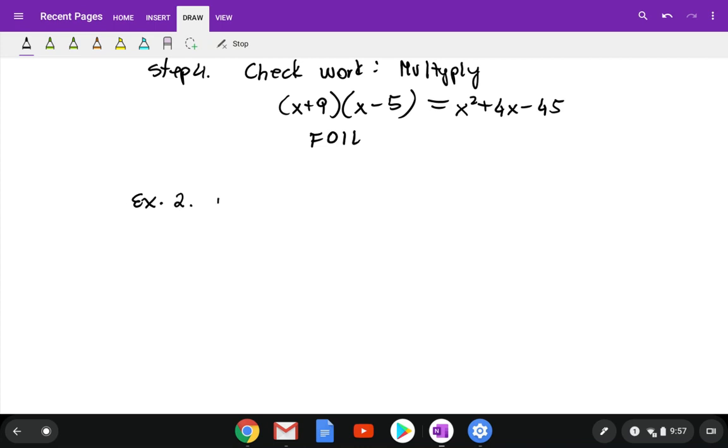Factor each trinomial. So we're going to practice that. This method I'm calling the AC method. Let's do example A: negative 5w plus w squared minus 6.